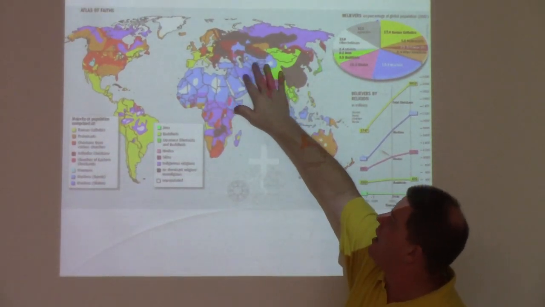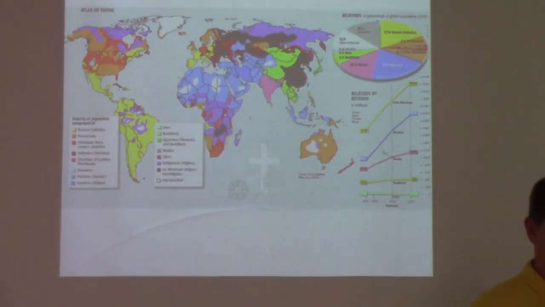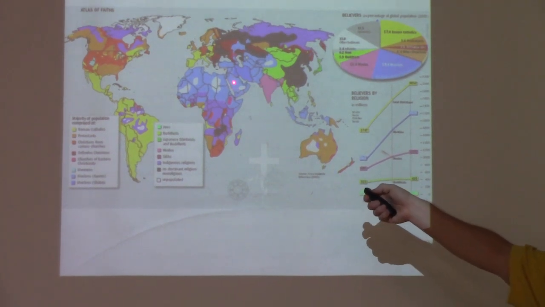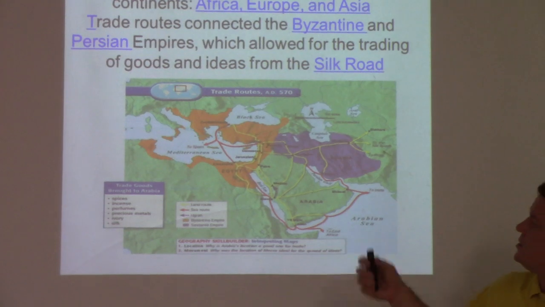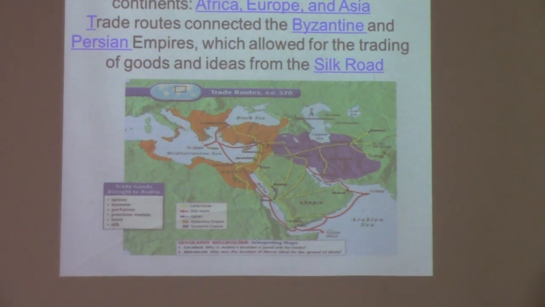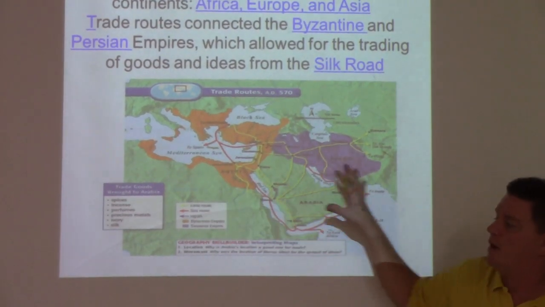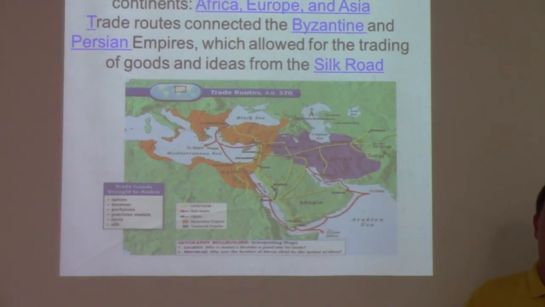Shiite here in Iran and Iraq, and the light blue are going to be our Sunni Muslims. And it's going to start around the city of Mecca here in Saudi Arabia. And before Islam comes, you have the confluence of Europe, Africa, and Asia, the crossroads of the world, ancient Mesopotamia.